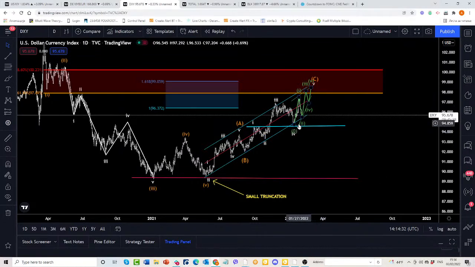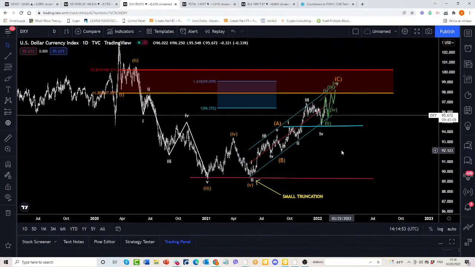ending diagonals which actually suggest that the wave 1 should be the longest one in the contracting type of this ending diagonal, then the wave 3 will be a little bit shorter, and then the wave 5 will be even shorter, maybe reaching this 0.618, from where we might see the reversal and the starting of a new downtrend in dollar.